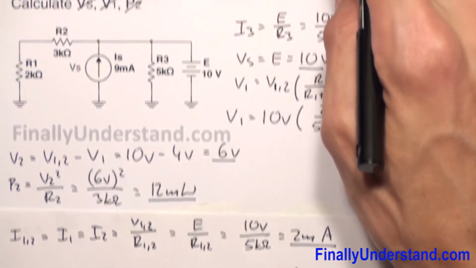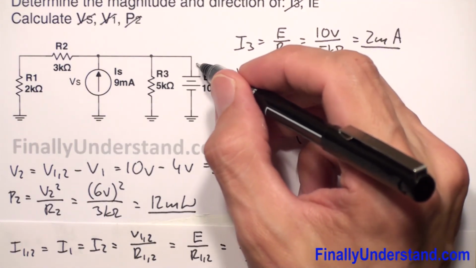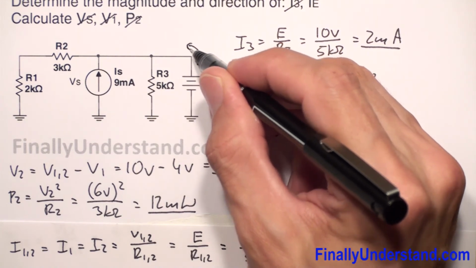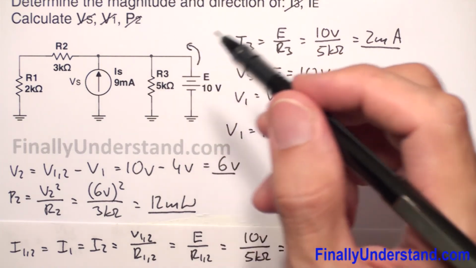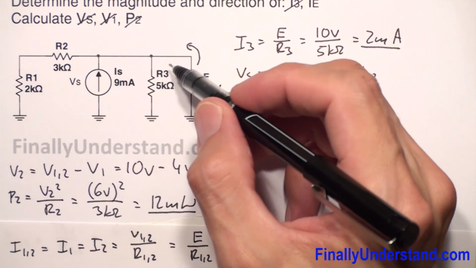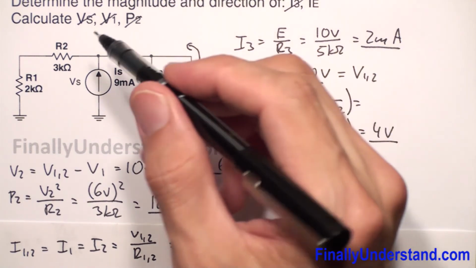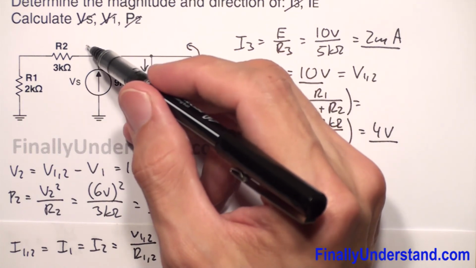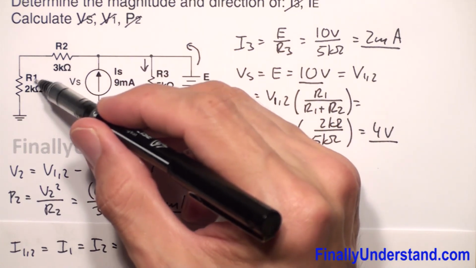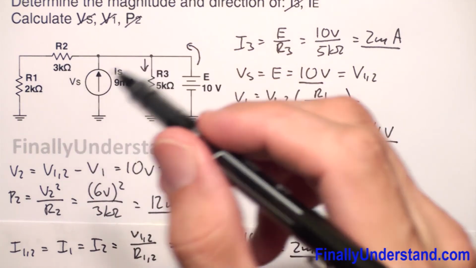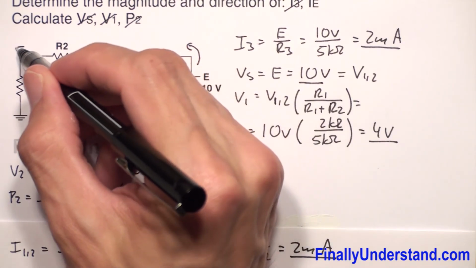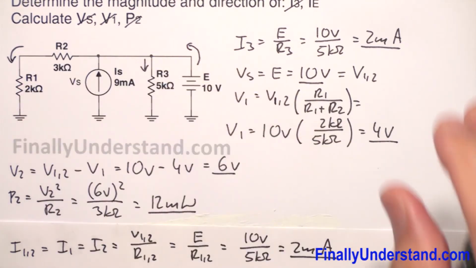Okay, so my current IE is going to go this way. My current R3 is going to go this way, and my currents R1 and R2, this is basically the same current, is going to go this way.